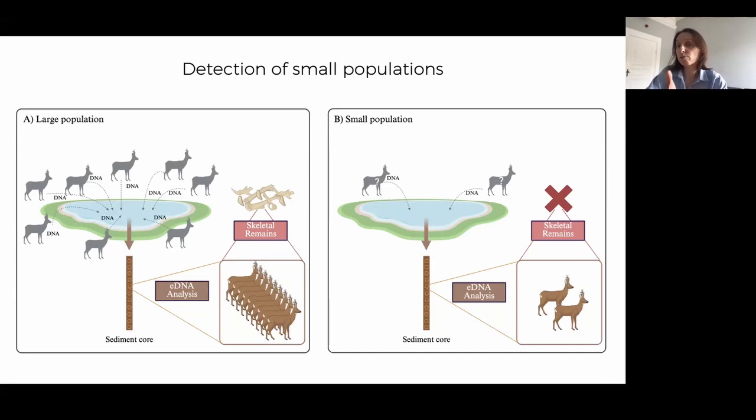But if we consider a smaller population where maybe we have a few individuals on the landscape, such as in the case of declining and maybe close to extinction populations, then it is unlikely we're going to find skeletal remains of those last few individuals. But as we've shown, we can potentially identify those last individuals through eDNA analysis.